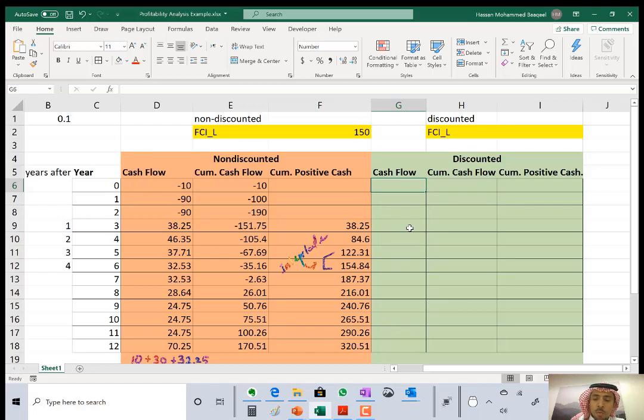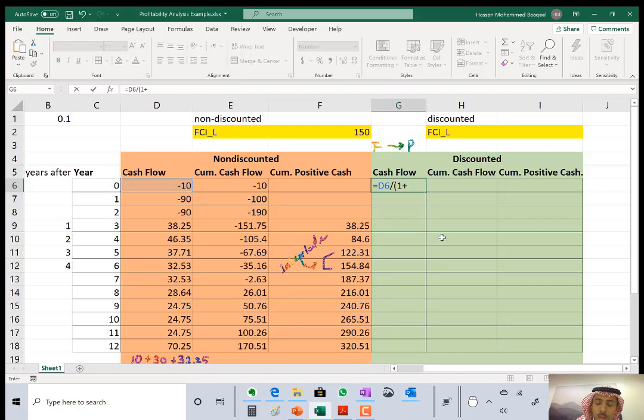For cash flows, we know we have negative $10 million in cash flow in year 0, but we have to adjust it for the discount rate. To do that, we have to convert from future value to present value. That's discounting to present value.